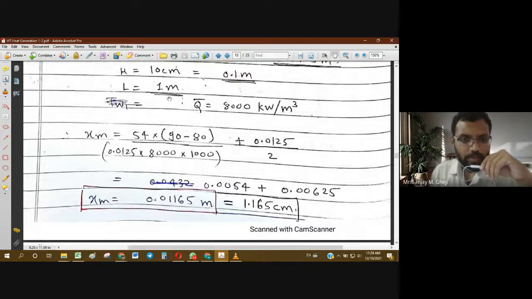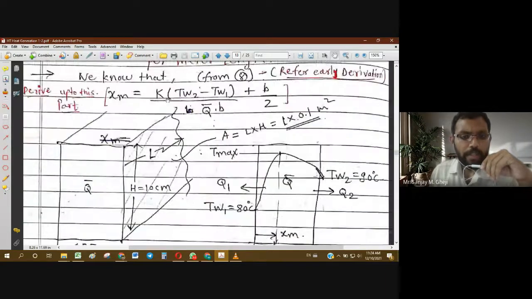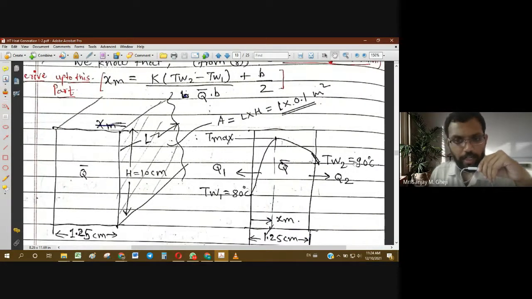So xm equal to, put in all the values which are available. K is available, 54 watt per meter degree Celsius. TW2 is 90 degrees Celsius. TW1 is 80 degrees Celsius.